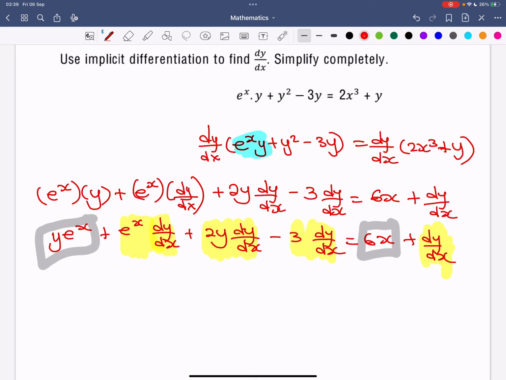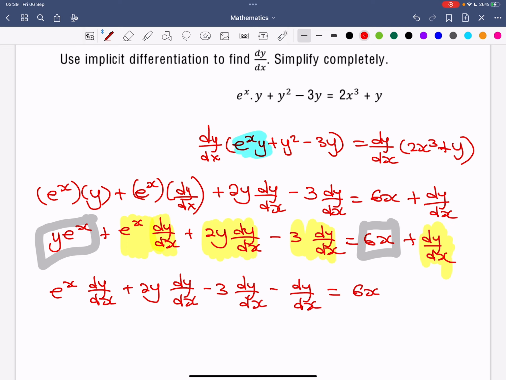So I have e to the x dy over dx plus 2y dy over dx minus 3 dy over dx minus dy over dx equals 6x minus y e to the x.